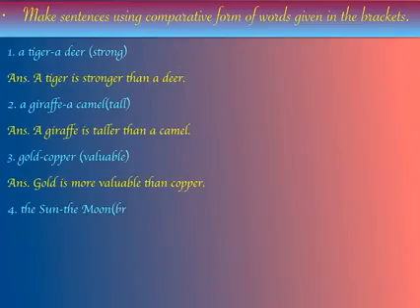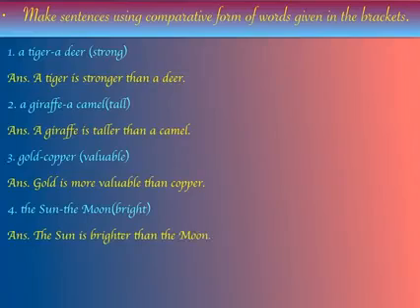Let's see the fourth one. The sun and the moon. And the adjective we are going to use is bright. So the answer would be the sun is brighter than the moon. Fifth one, a car and a motorbike. And the adjective we are going to use is expensive. So let's see the answer.